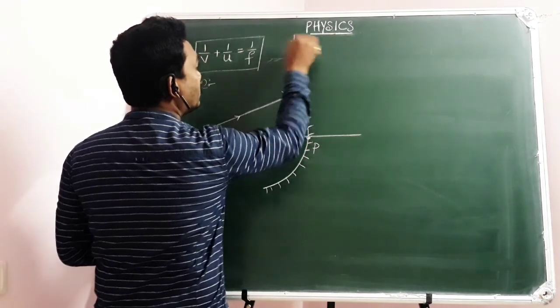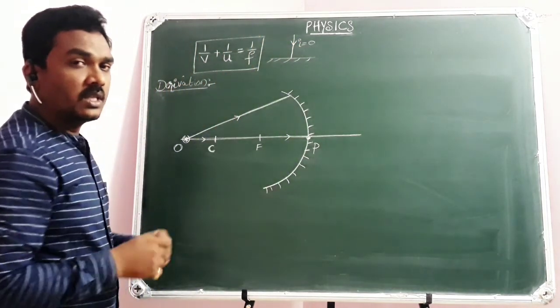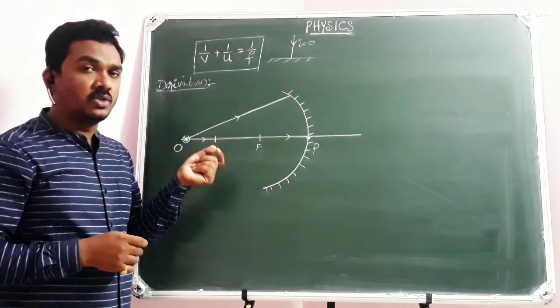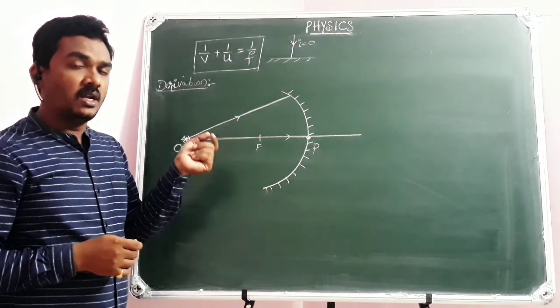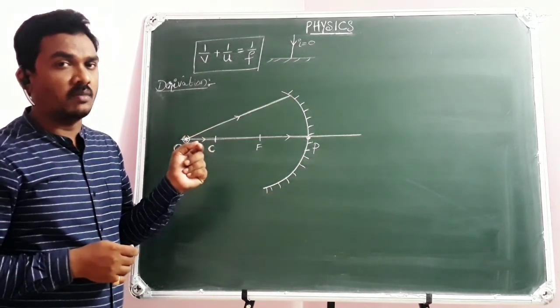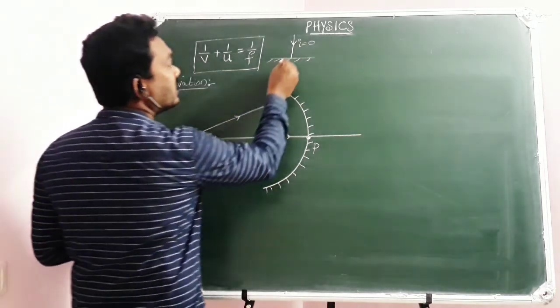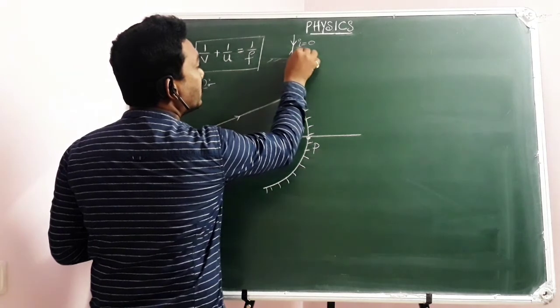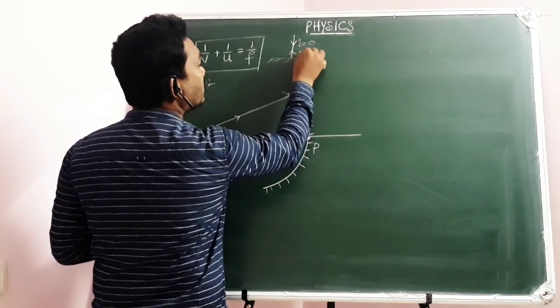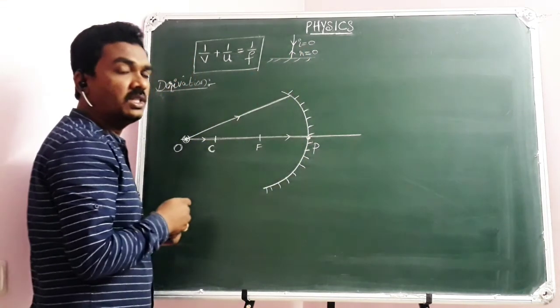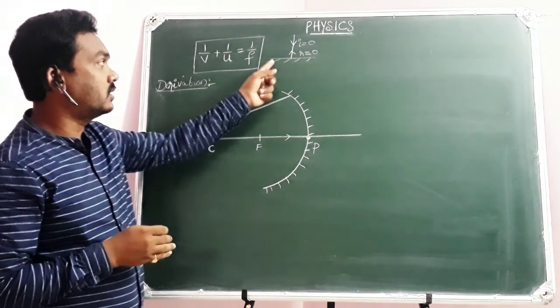Here the angle of incidence is 0, since the incident light ray is along the normal to the reflecting surface and the angle of incidence is measured with the normal. So you know in the case of reflection, i must be equal to r. As i equals 0, r will be equal to 0 in the case of a normal incidence.